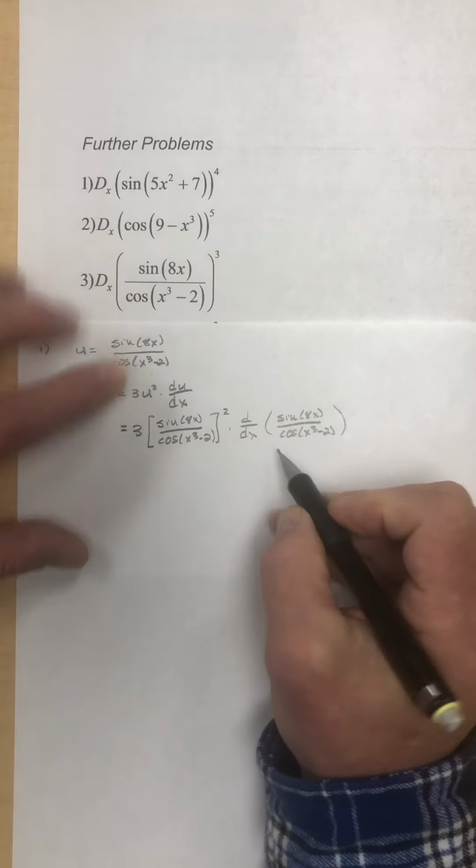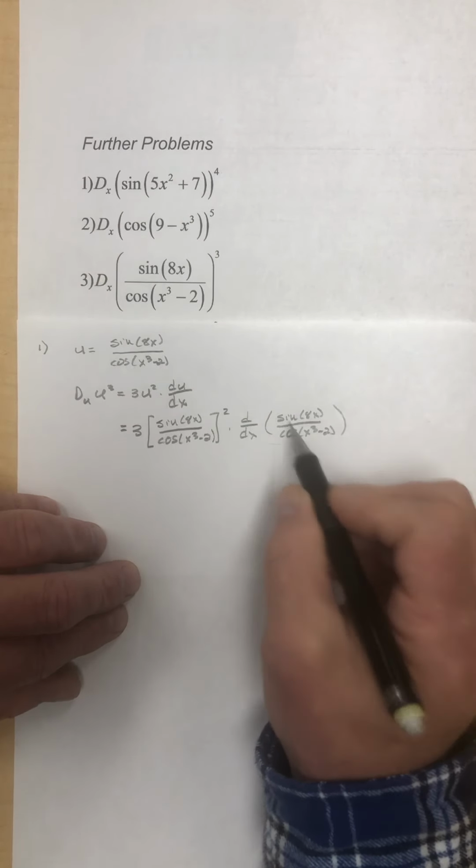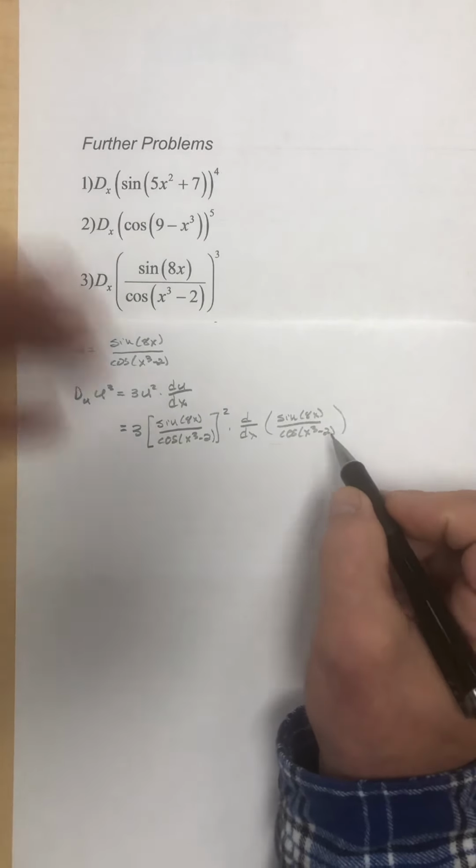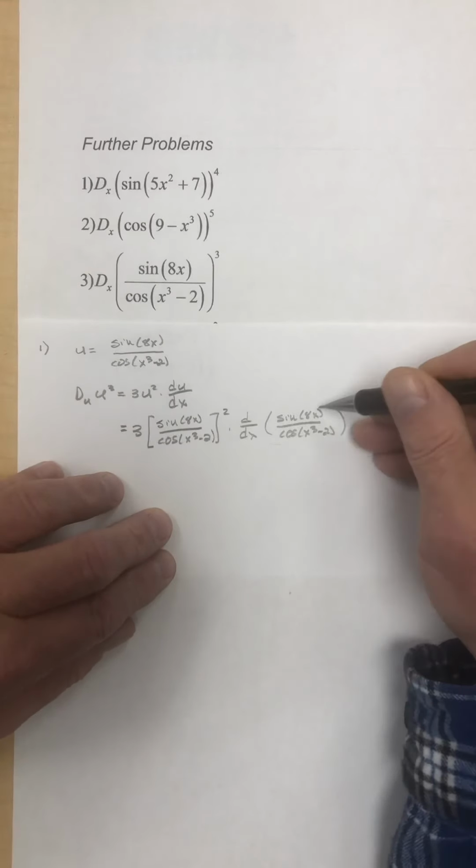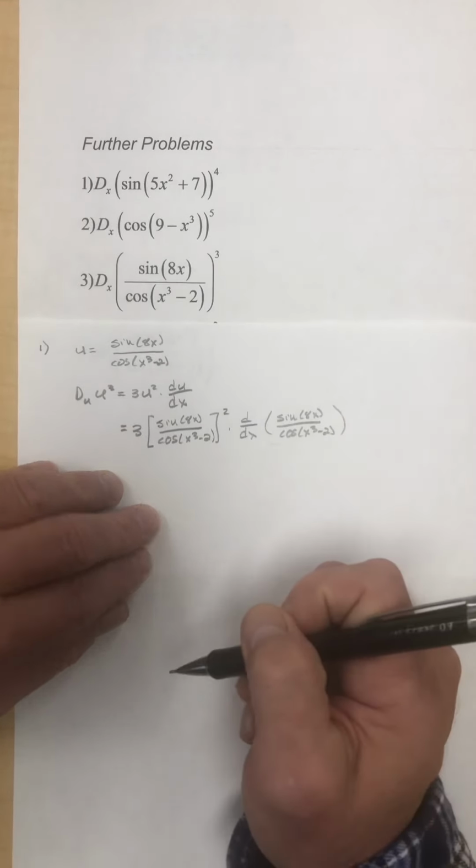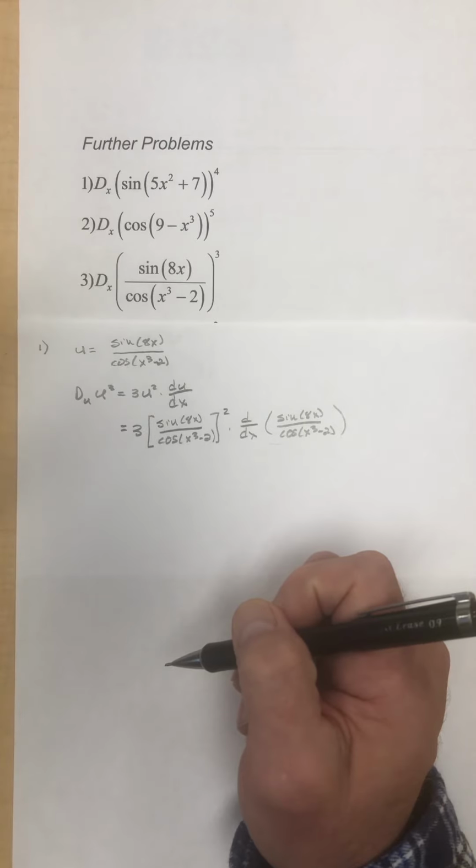Then obviously when you get here, you're going to have to apply the quotient rule. And within the quotient rule, you're going to have to use the chain rule to do this guy and that guy. So that's one possibility right there.